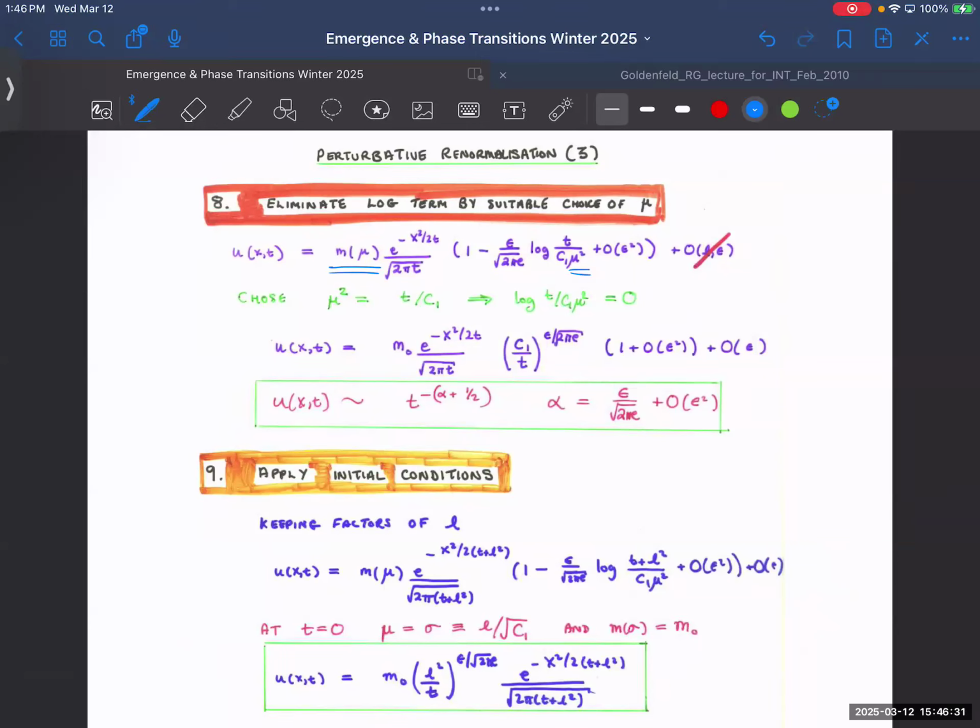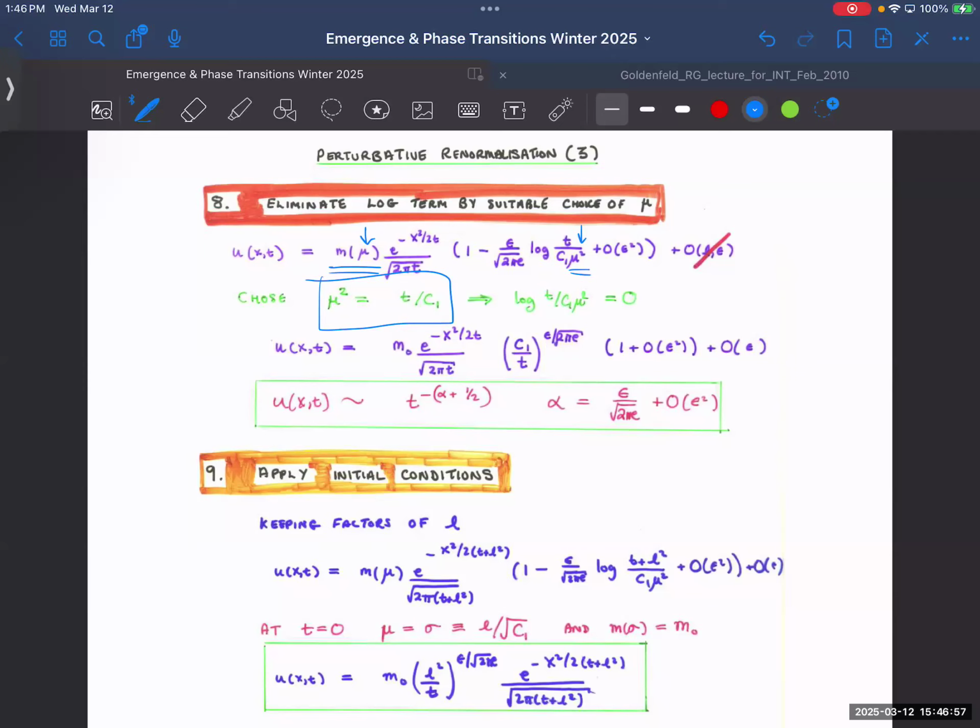And what we've discovered is that, at least to this order in epsilon, if I differentiate u with respect to mu, the dependence on mu here and the dependence on mu here cancel out to this order in epsilon. So it doesn't matter what I choose mu to be. Okay, so I'm going to choose mu to be this. Nothing to stop me choosing mu to be that.